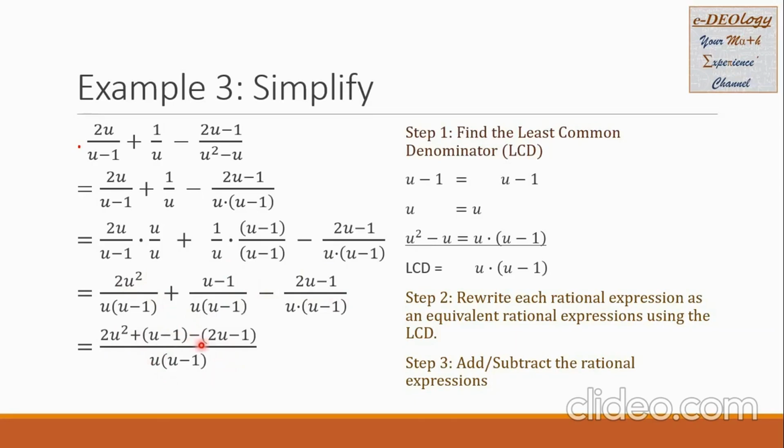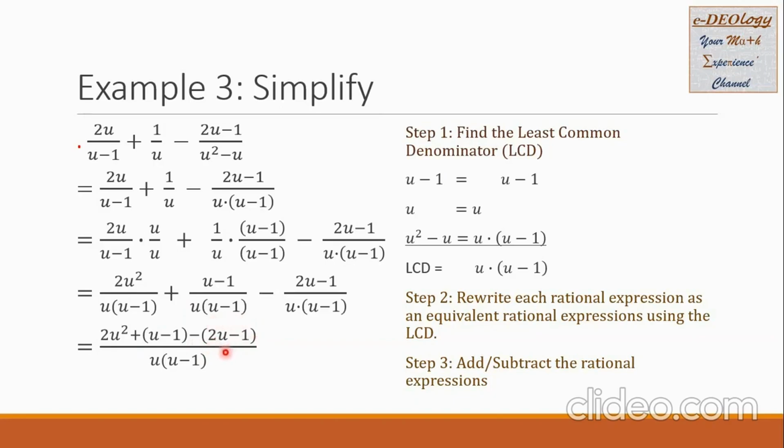Let us now simplify our numerator by removing the grouping symbol. So if we do that, in the second numerator, we can directly delete the grouping symbol because it is preceded by a positive sign. In the third, because it is preceded by a negative sign, I should change the sign of all the terms inside the grouping symbol.